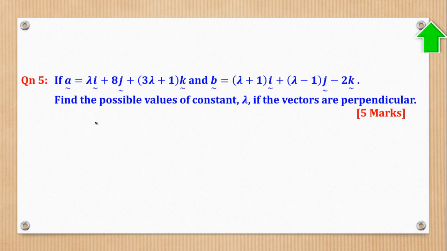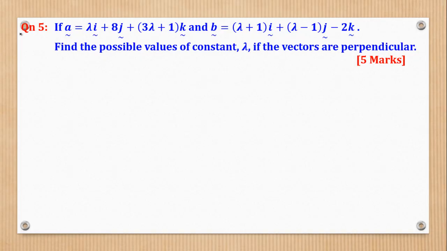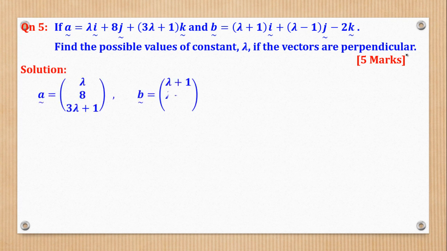Okay, so that was question 4. Now we shall go to question 5. Question 5 says, if vector A is this, vector B is this, find the possible values of the constant lambda if the vectors are perpendicular. So there we shall begin by quoting the condition for perpendicular vectors.